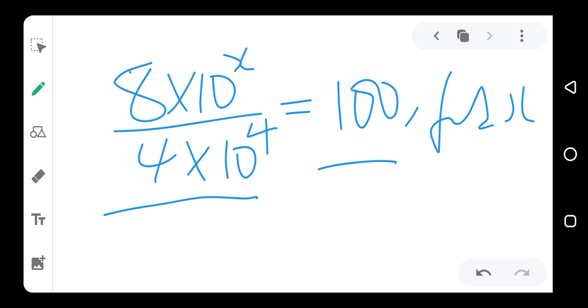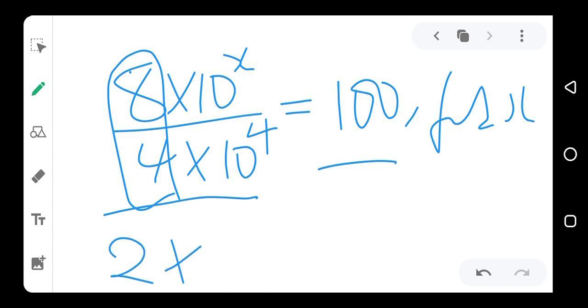Now, this one here, we divide the coefficients. 8 over 4 is 2. So we have 2 raised to power 10.